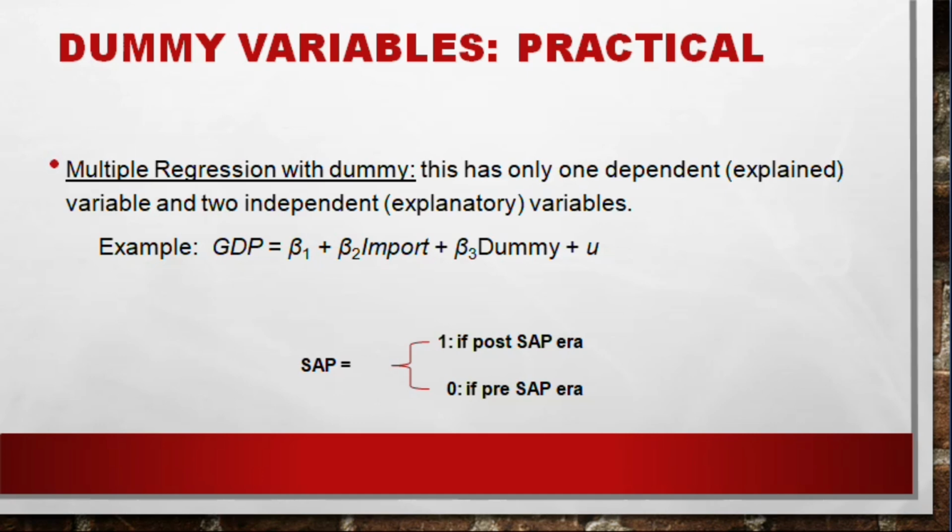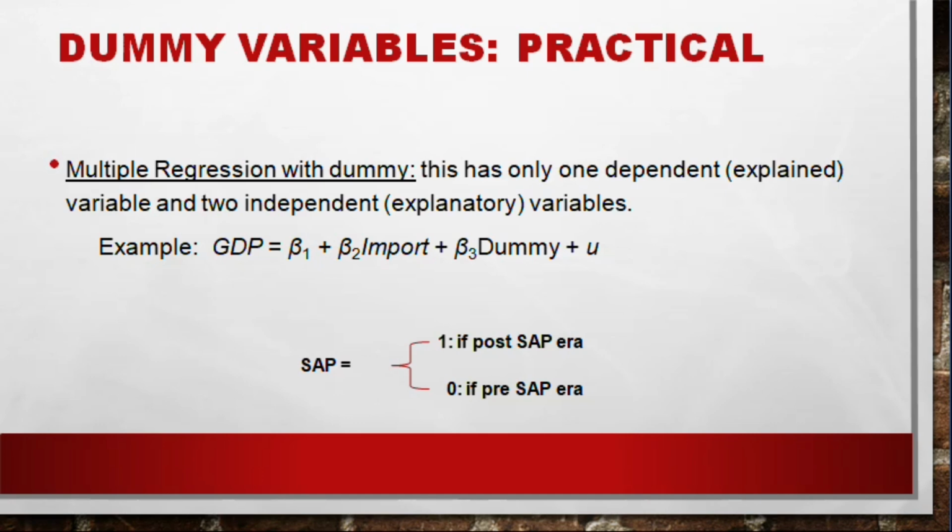We're going to use what the federal government of Nigeria some years back called the Structural Adjustment Program, around the year 1986 or thereabouts. They brought in some policies to liberalize the economy.